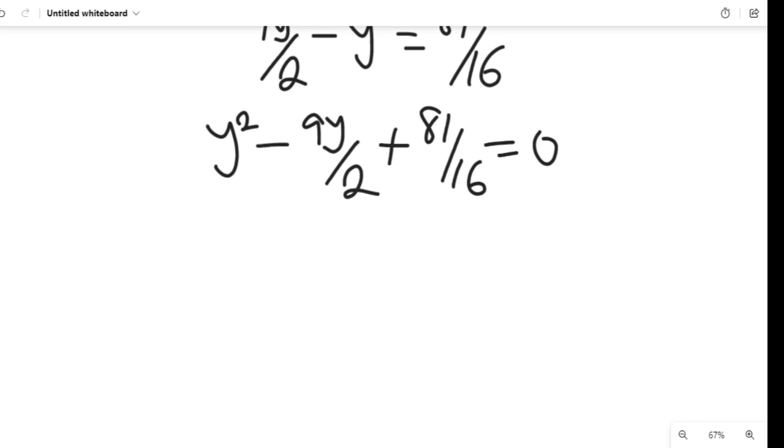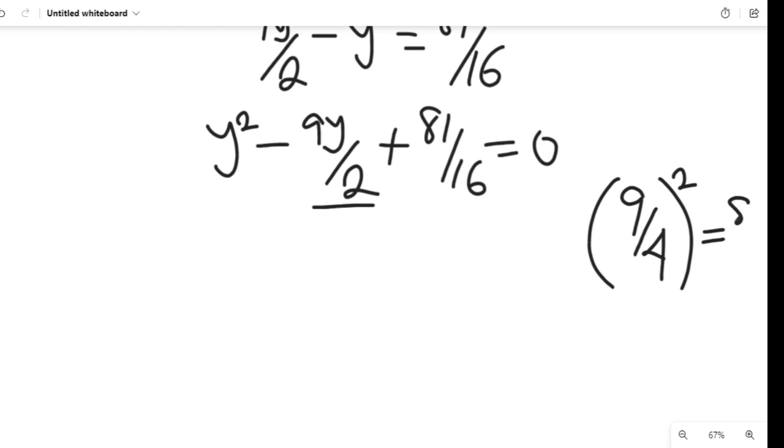Why do we say it's a perfect square quadratic equation? Because half of the coefficient of y gives us 9 divided by 4, and the square of that is 81 divided by 16. That makes this quadratic equation a perfect square, which makes it easier to factorize.